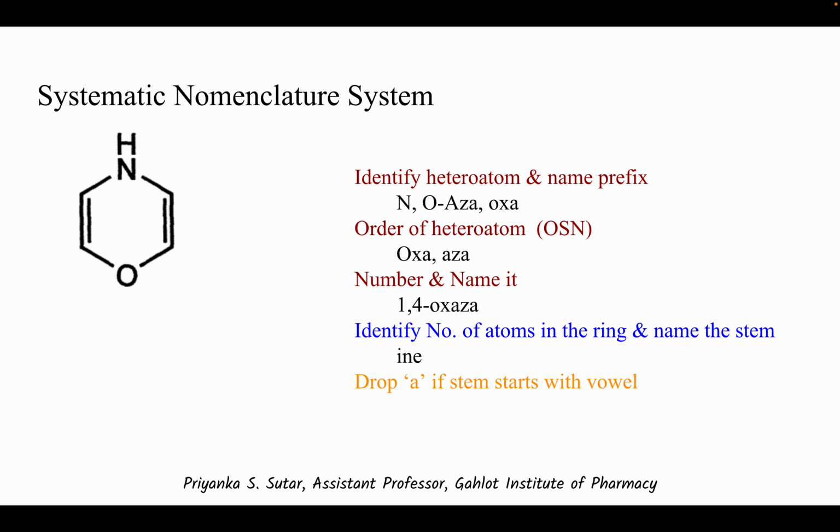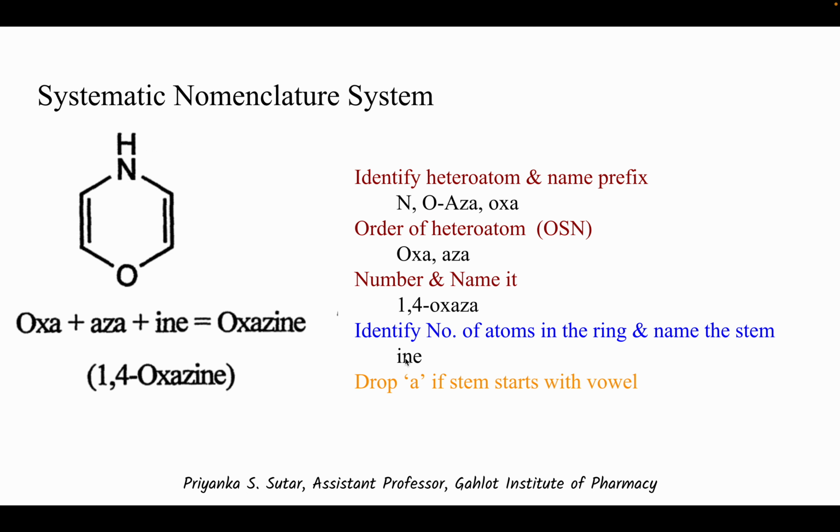And you will drop the terminal A of the prefix, and you can join the name. What will be the name? 1,4 oxazine.